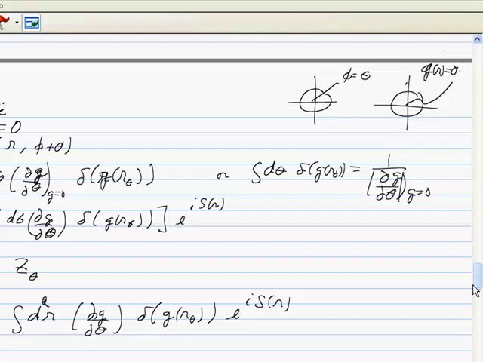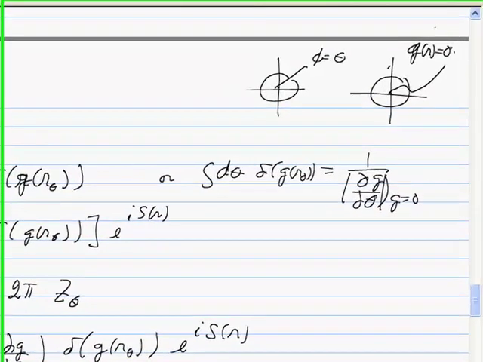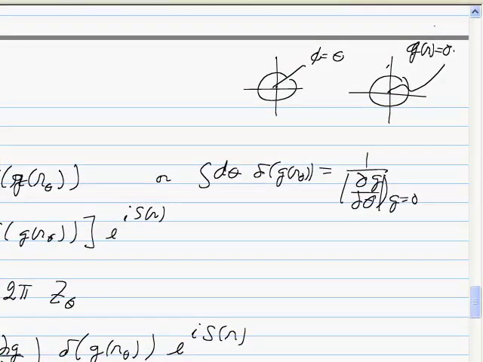For this problem, this is extremely painful. But it does manage to factor out the symmetry direction, and it leaves behind a constrained integral. But the important point for this whole procedure is you can't just impose the constraint.